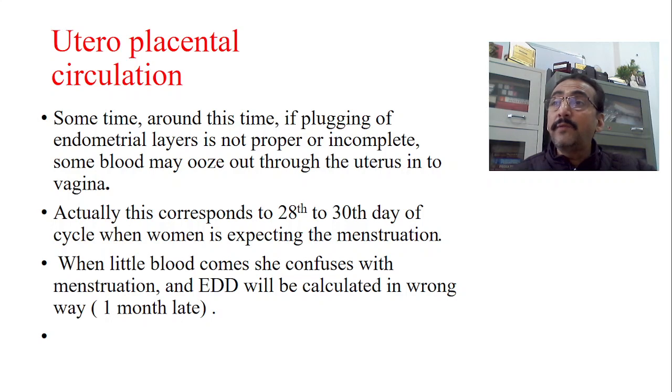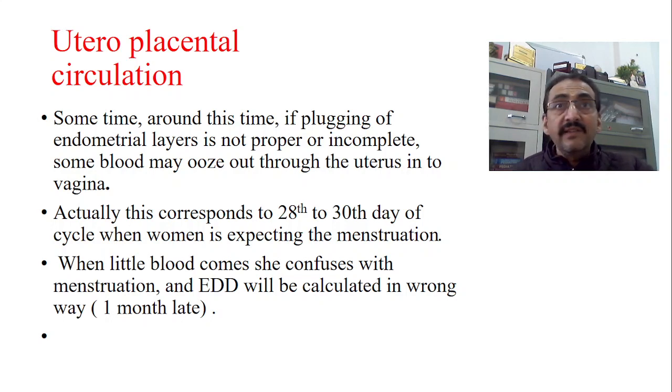So mother may confuse this small amount of blood which is coming out with the periods, the menstrual flow itself. Okay, so this is one of the main issues that takes place when this plugging happens. It means when these arteries start entering into the cavity, some of the blood may ooze out into the uterine cavity, and that will flow out through the vagina.